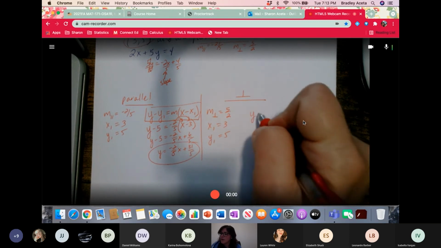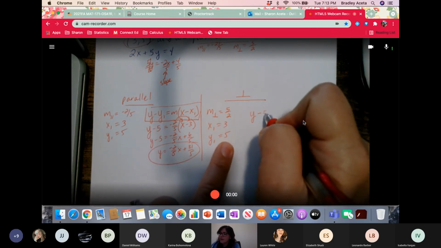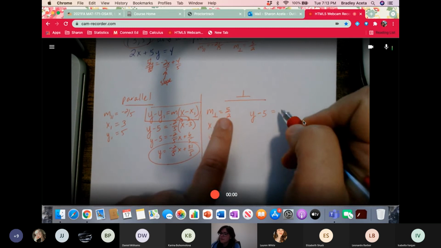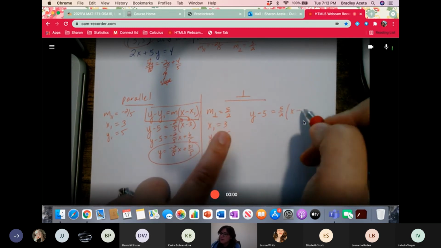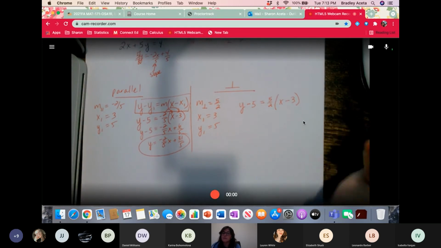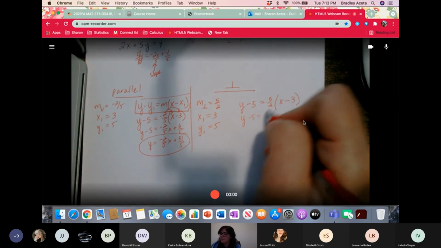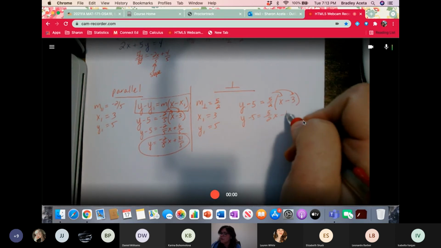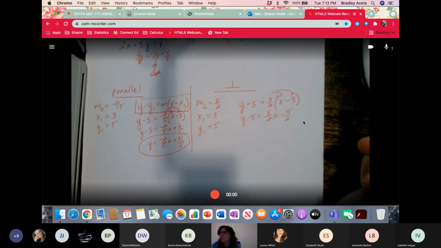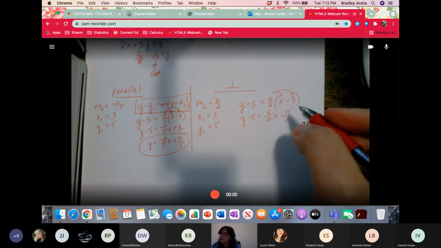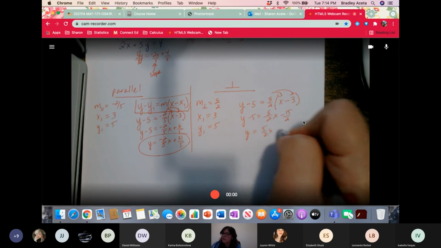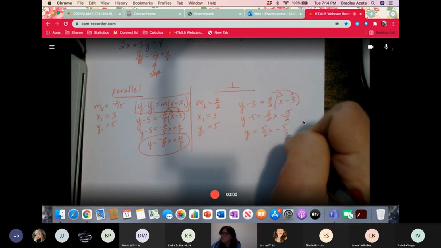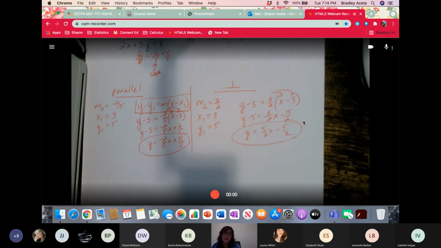So let's see. y minus y1, which is 5, equals m times x minus x1. And then distribute and solve. 5/2 x minus 15/2. Ooh, 10, negative 5. Is that right? Yay! I get excited when I can do it in my head.